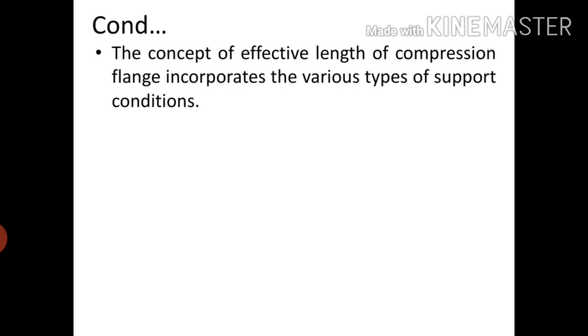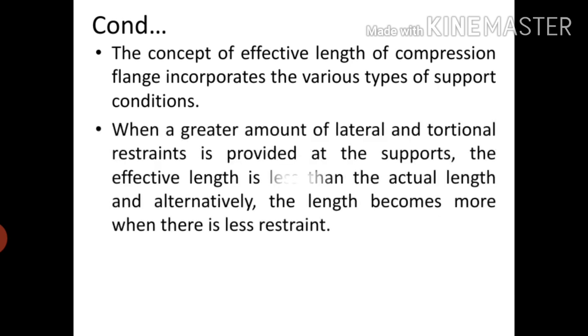So the concept of effective length of compression flange incorporates the various types of support conditions. When a greater amount of lateral and torsional restraint is provided at the supports, the effective length is less than the actual length, and alternatively the length becomes more when there is less restraint. Hence, if you want to prevent the beam from lateral buckling, there should be strong support conditions.